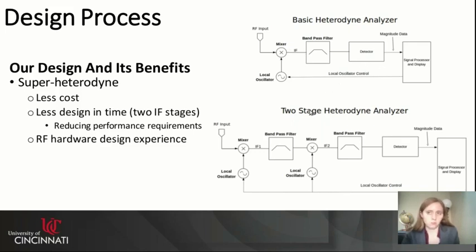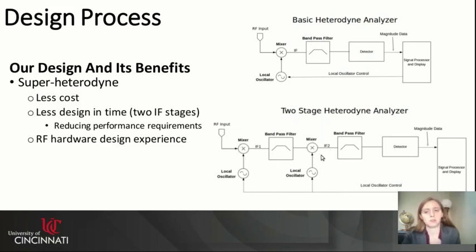In our design, we have two stages. The first stage is an up converter and the second stage is a down converter. The up converter is chosen because we found that if you take this first frequency to a very high frequency, it reduces the unwanted frequency signals caused by this first mixer.